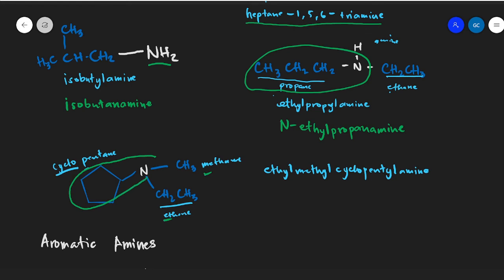So, ito yung magiging ating cyclopentane plus yung ating nitrogen. So, for this one, we will have N-ethyl, N-methyl cyclopentanamine. Okay?